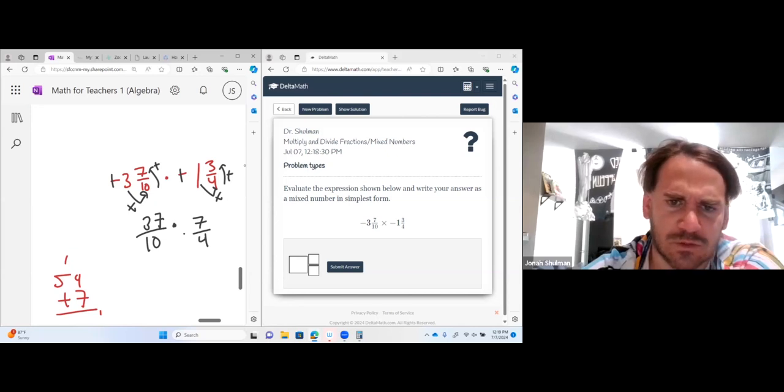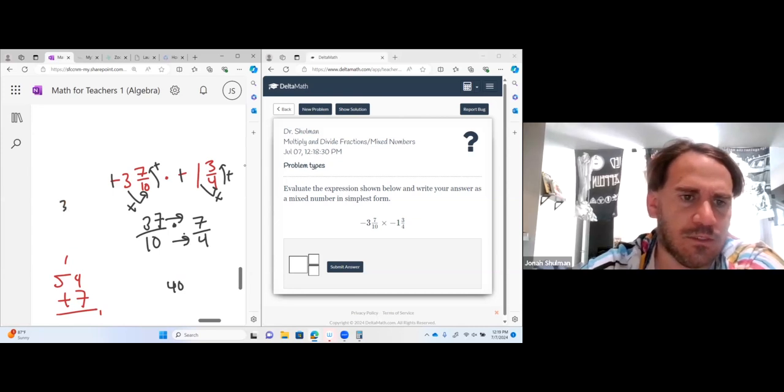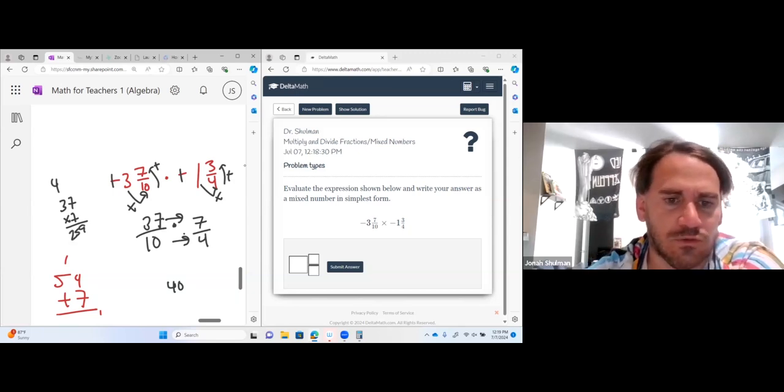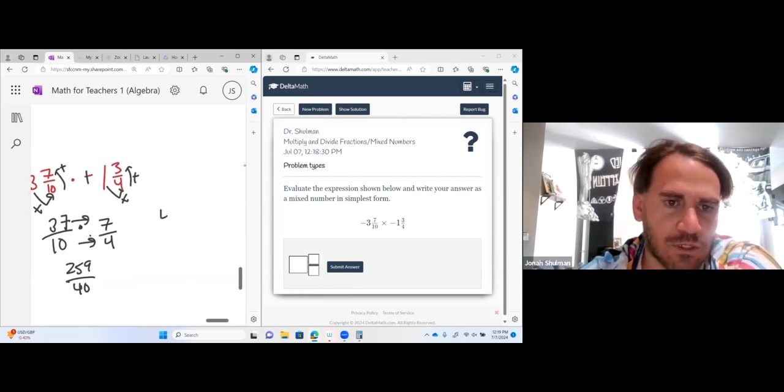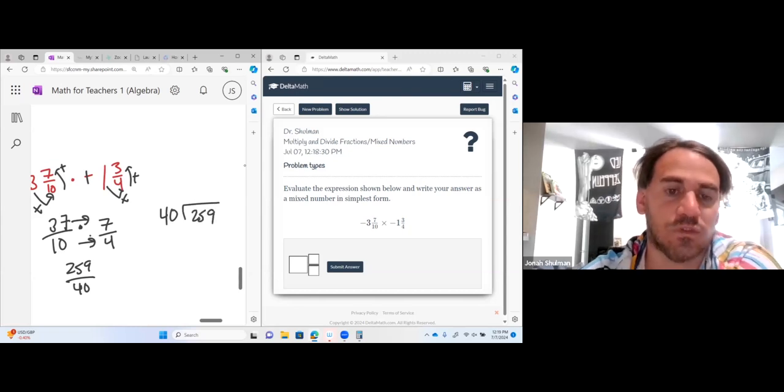Oh, I can't. Craziness. So I have 40 on the bottom, and 37 times 7 is 9, carry the 4. 21 plus 4 is 259/40. But they want this as a mixed number, so 40 goes into 259 how many times?